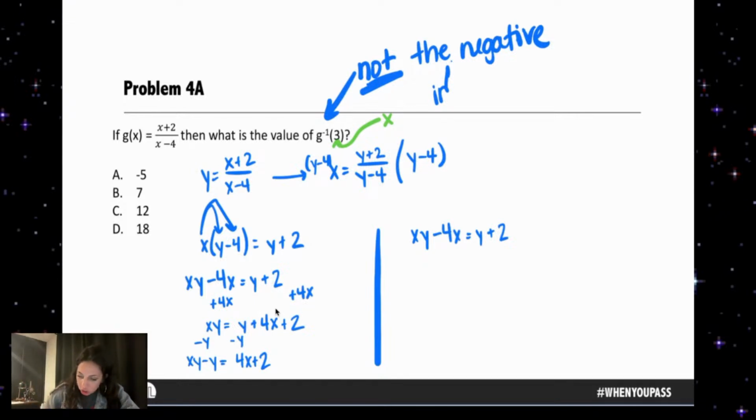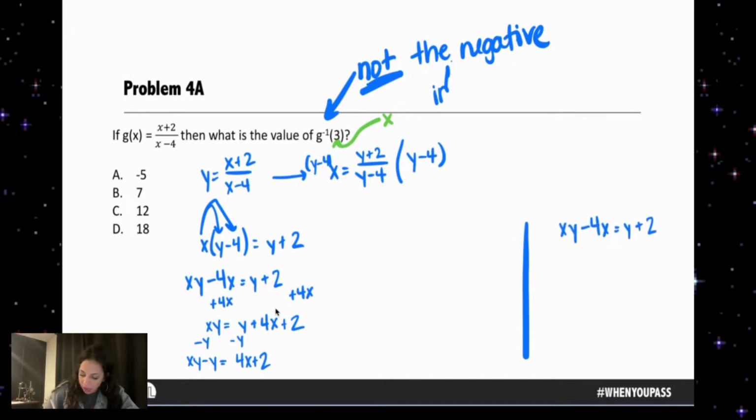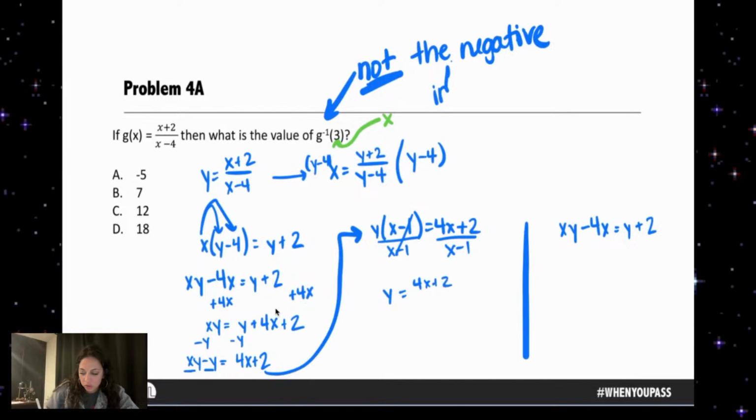I can do y times the quantity x minus 1 equals 4x plus 2, because by factoring the y out, I have an x left over and a negative 1 left over. Divide both sides by x minus 1. I get y equals 4x plus 2 divided by x minus 1.